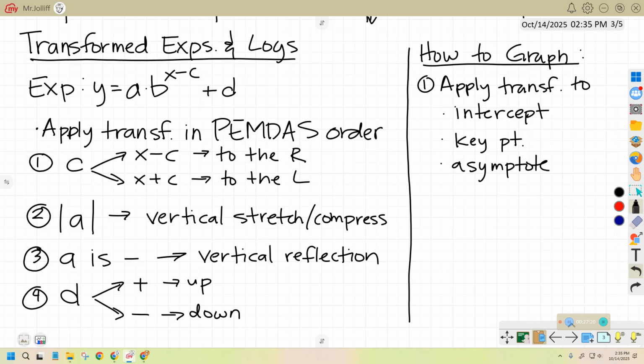Look at what happens to the intercept. Look at what happens to the key point. Look at what happens to your asymptote. Once those things have been transformed and put on a graph, you're just going to connect the points with a smooth curve.